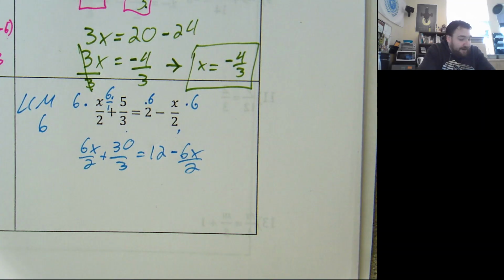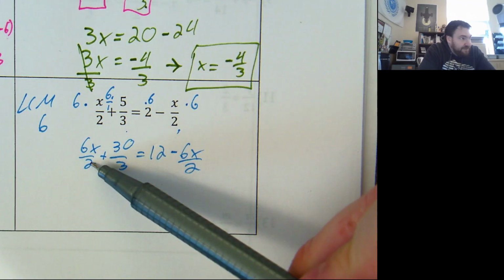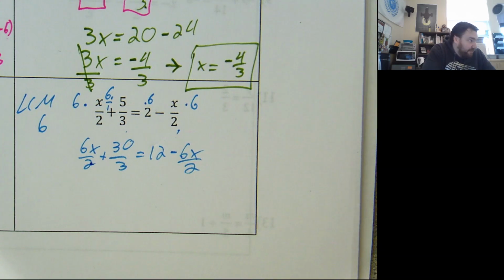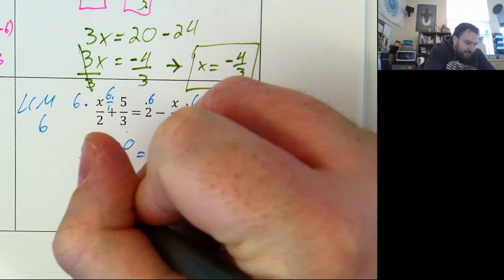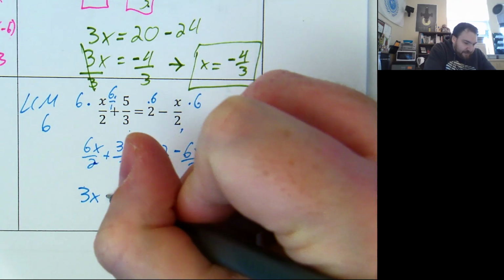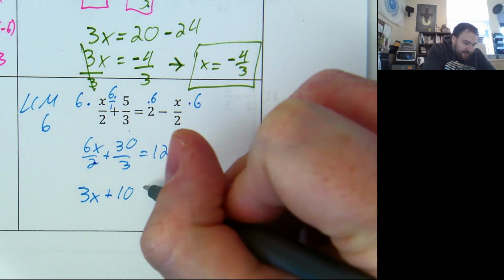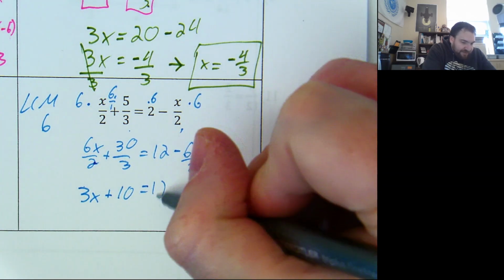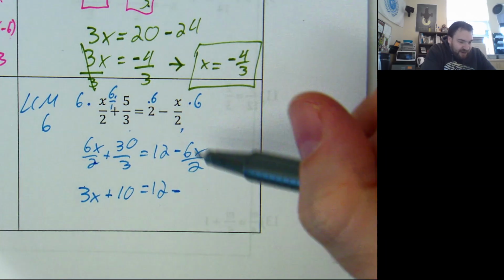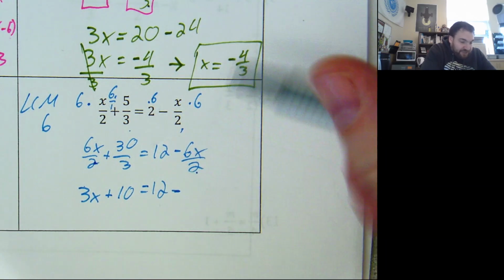And now I simplify. 6 over 2 is, I heard someone whisper 3. So 6 divided by 2 is 3, and x plus 30 divided by 3 is 10 equals 12, which is just 12. That's lovely. Minus, and now I've got 6 over 2 again, which is 3x.